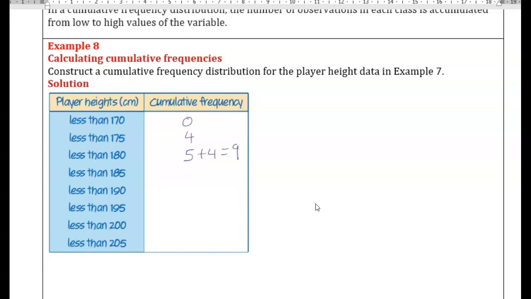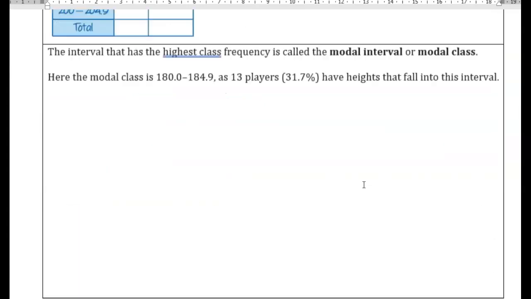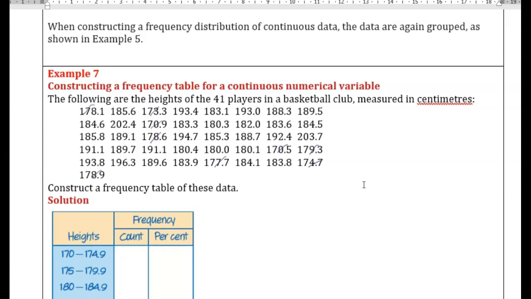And then you go and do less than 185. So let's just go up and do that one together as well. So less than 185, there's 1, 2, 3, 4, 5, 6, 7, 8, 9, 10, 11, 12, 13.